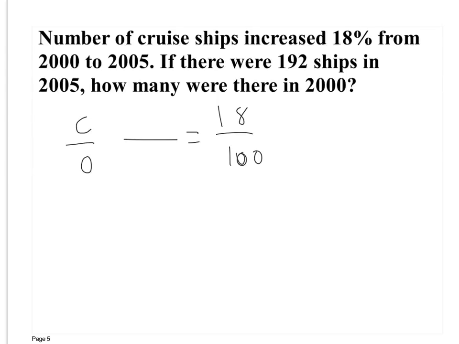Well, it'd be 192 minus, which we're going to call the original amount, O, which would be how many ships there are in 2000, right? Now, let's not call it O. Let's call it X. 192 minus X. So what would be my original amount?